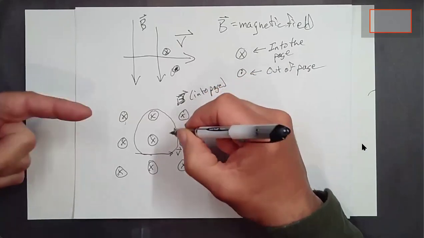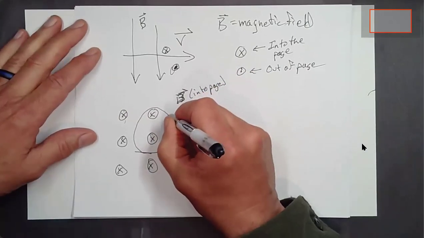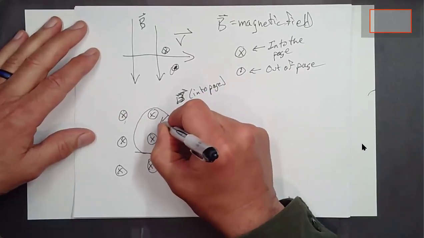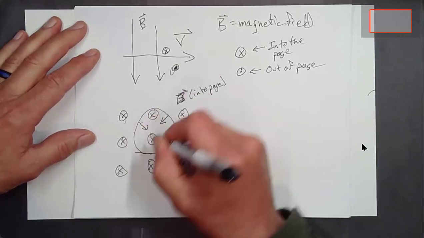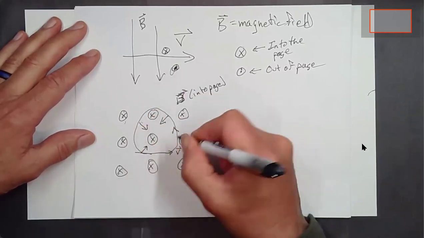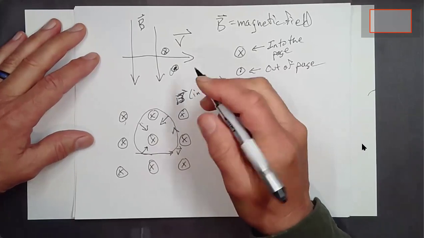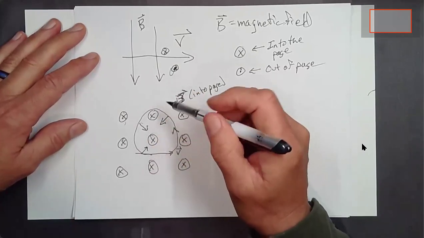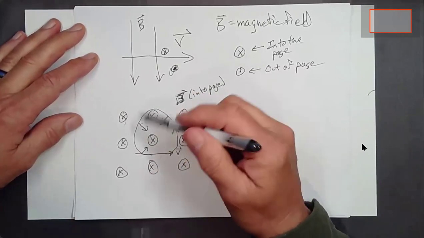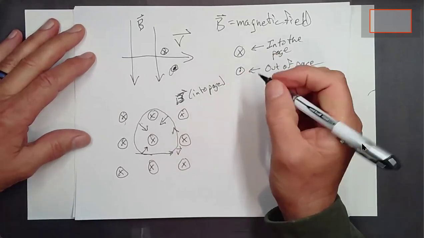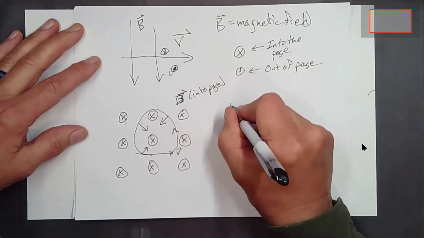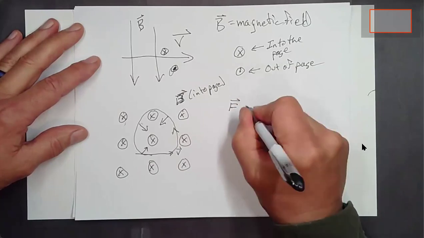Okay. Now, if it's traveling in a circle, it must have a force that's inward here. And that's the way that it works with a magnetic field. In fact, we'll look at some example problems with determining the radius of curvature. But here's what the magnetic force ends up looking like.